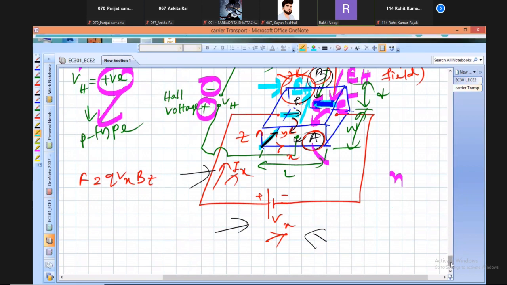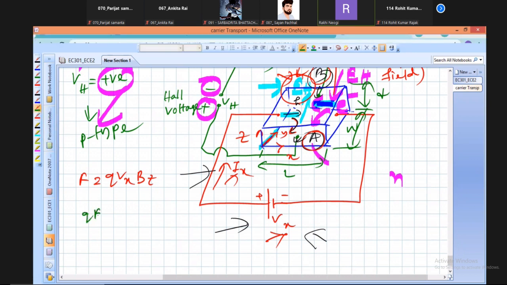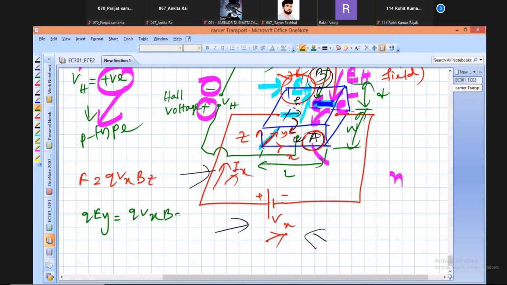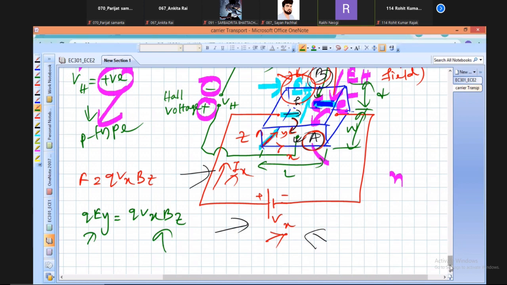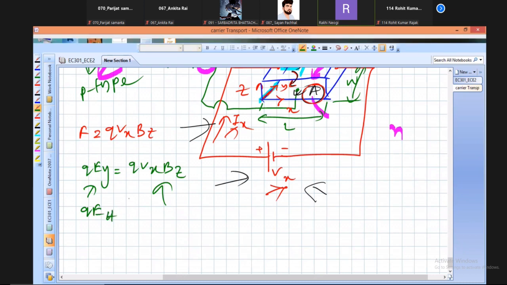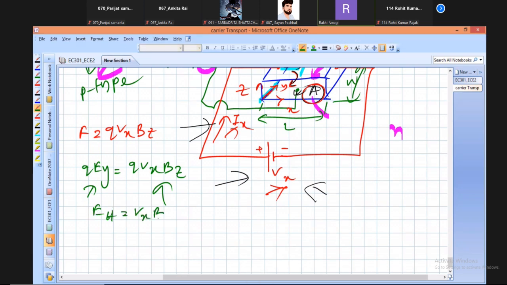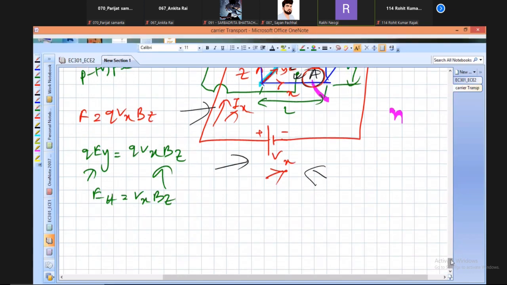So I am able to write that q E_H equals q v B, the electric field force equals the magnetic force. Now v is nothing but the drift velocity, so q cancels, and E_H equals v B. The voltage corresponding to this is the Hall voltage.